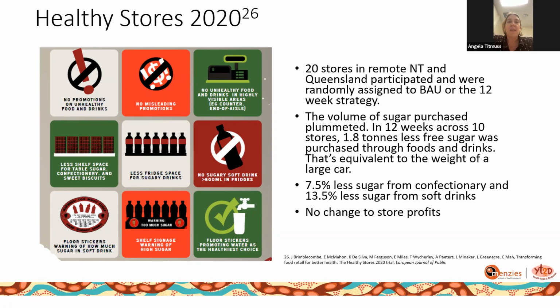And there's been lots of studies looking at facilities within a home to be able to store food safely, or to be able to prepare food, which is also really challenging in terms of the housing situation in a lot of remote communities.